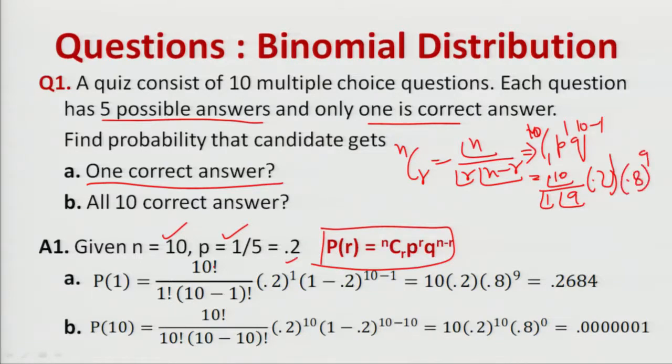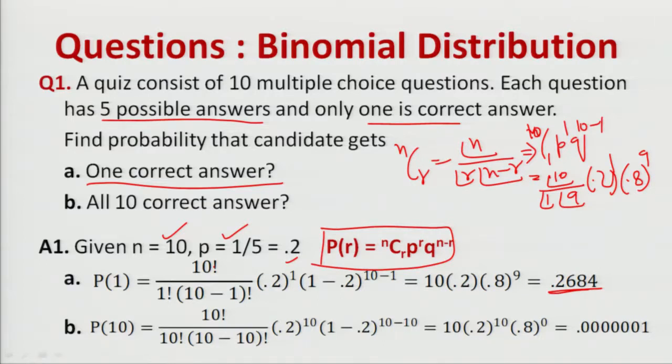If we simplify it, we get the probability equal to 0.2684. That is, the chance that exactly 1 of your 10 answers is correct is about 26%, 0.2684.